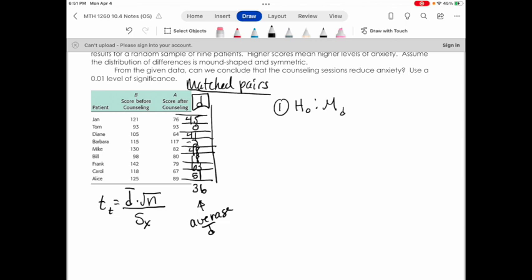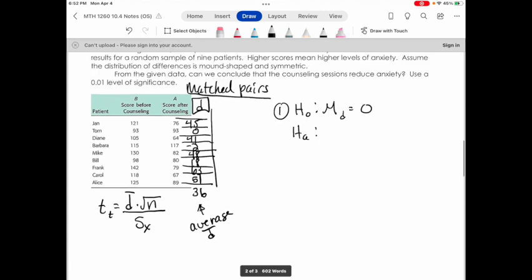So that reminds us we're not just doing this on the difference between means, but this is specifically for matched pairs. We're always going to set it up where I have mu d is equal to 0. Now, for the alternative hypothesis, we're going to have either mu sub d is not equal to 0, less than 0, or greater than 0. Those are our 3 choices.